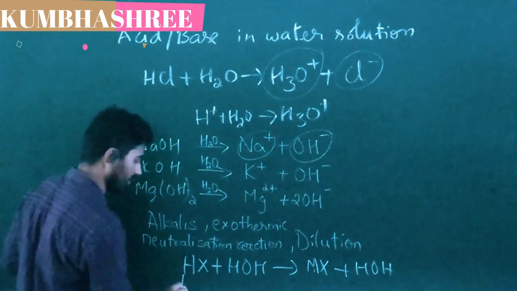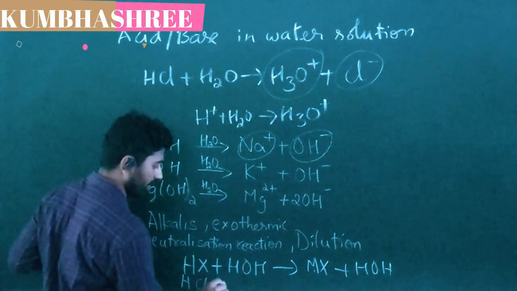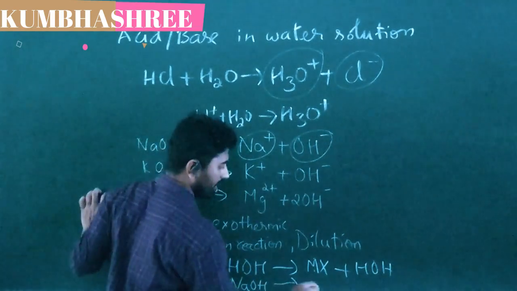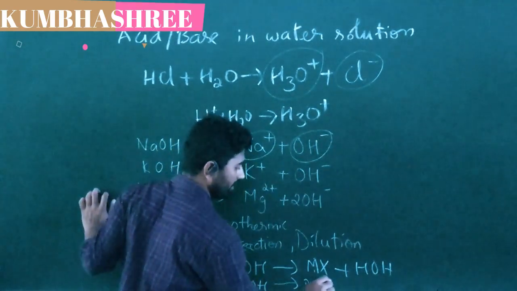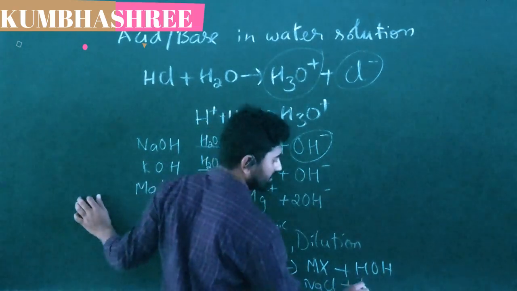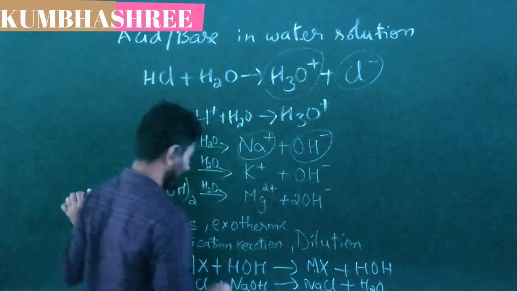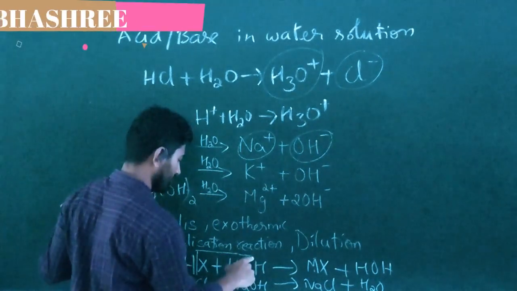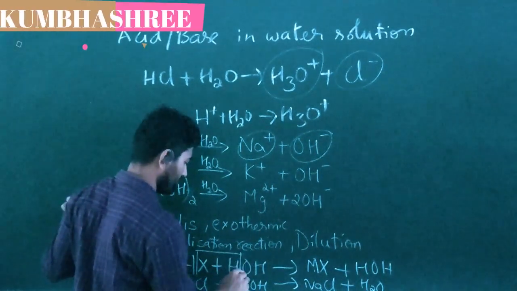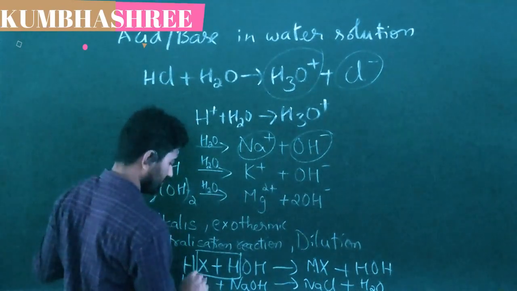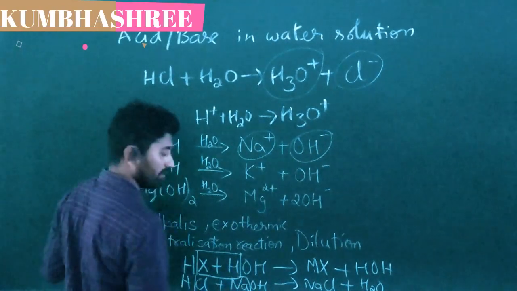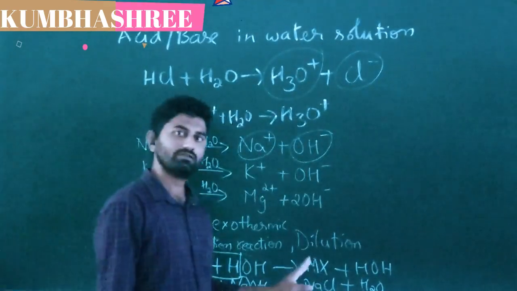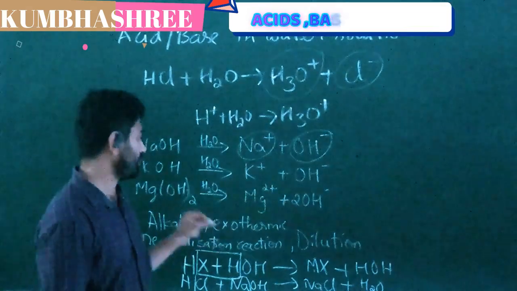So I can take HCl reacting with NaOH. We will get NaCl plus water. See where the actual reaction is formed. This is where the neutralization takes place. Such reactions are said to be neutralization reactions.